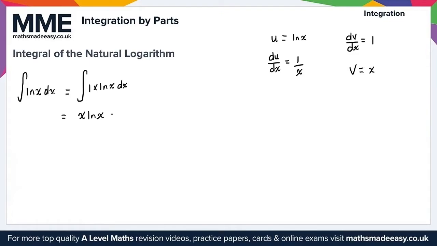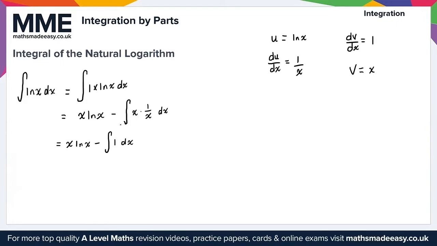And now we minus the integral of v times du by dx, that's x times 1 over x, with respect to x. Clearly x times 1 over x would just give us 1. So in this case, this is x ln of x minus the integral of 1 with respect to x.